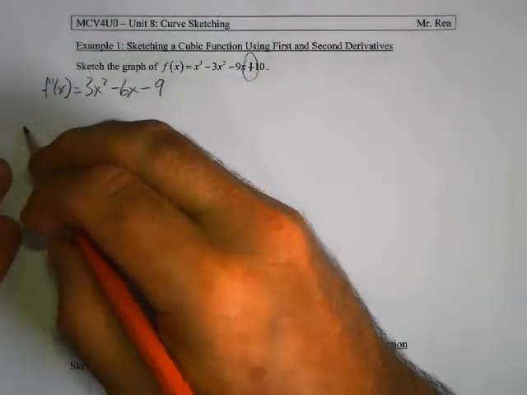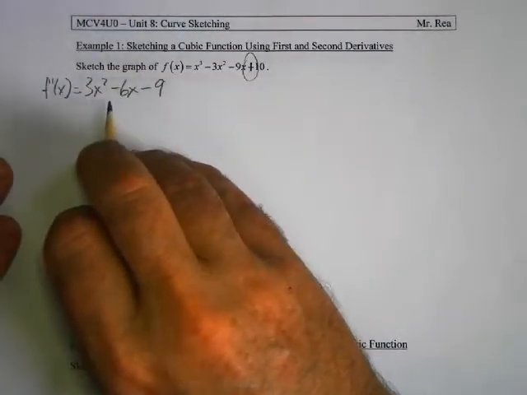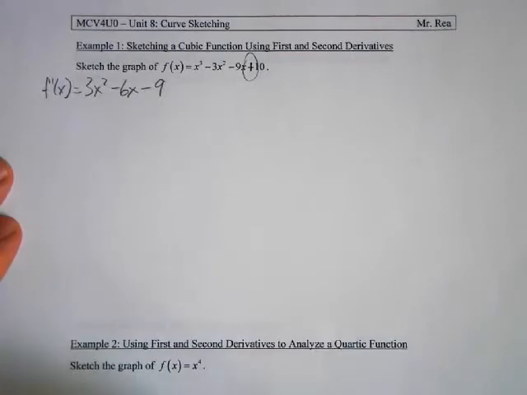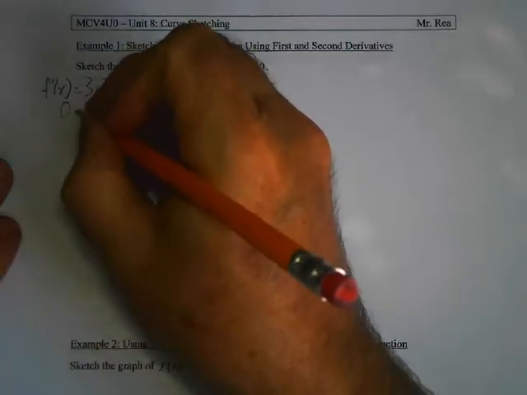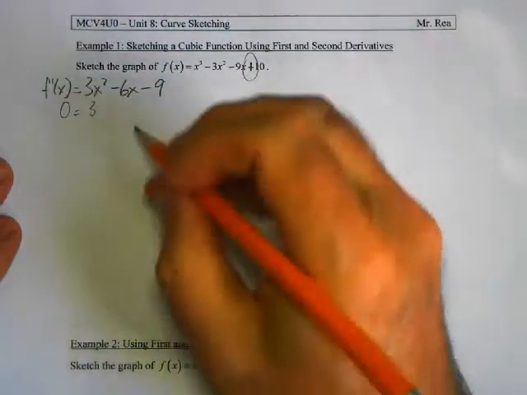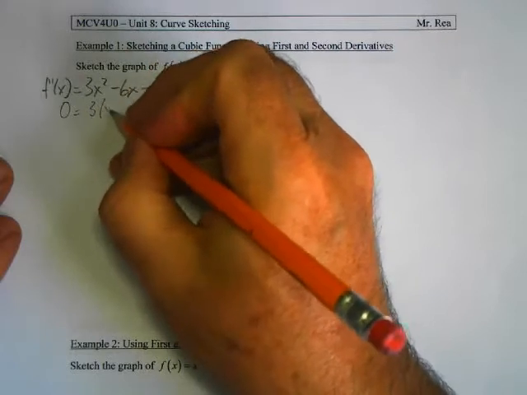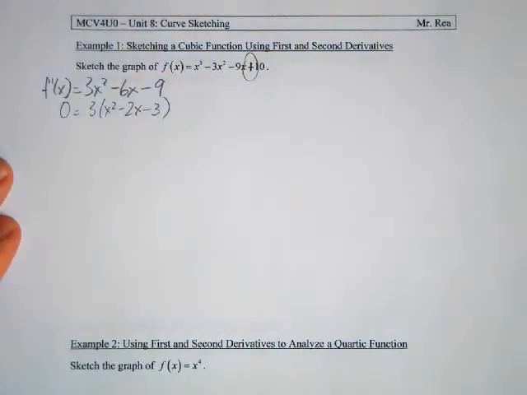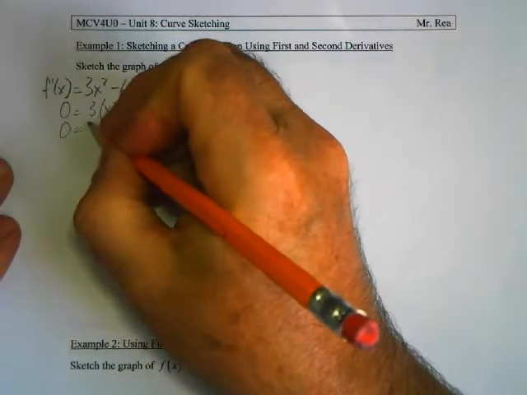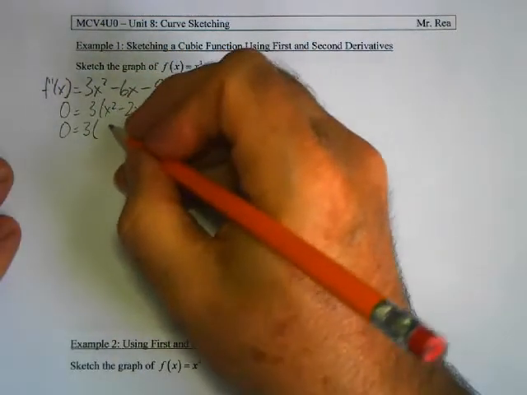Okay, so what we're going to do now is we've got the first derivative. We're going to find the critical points, and hopefully from that find local mins and maxes. So we set this equal to 0. At the same time, I'm going to factor out a 3. And that factors very nicely: x minus 3 times x plus 1.